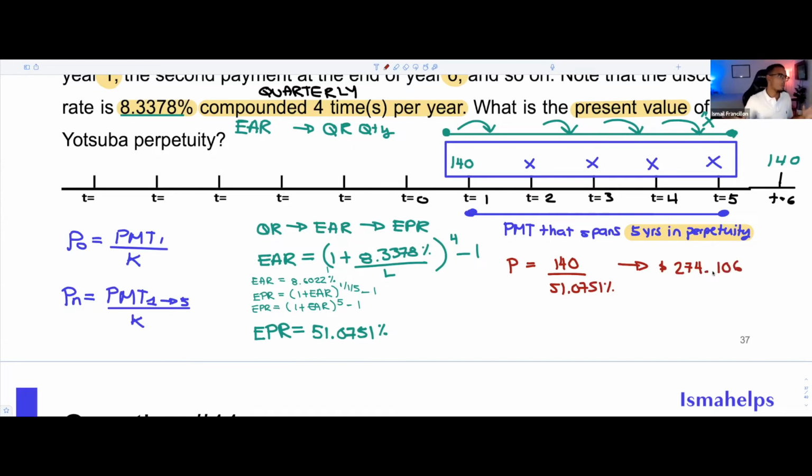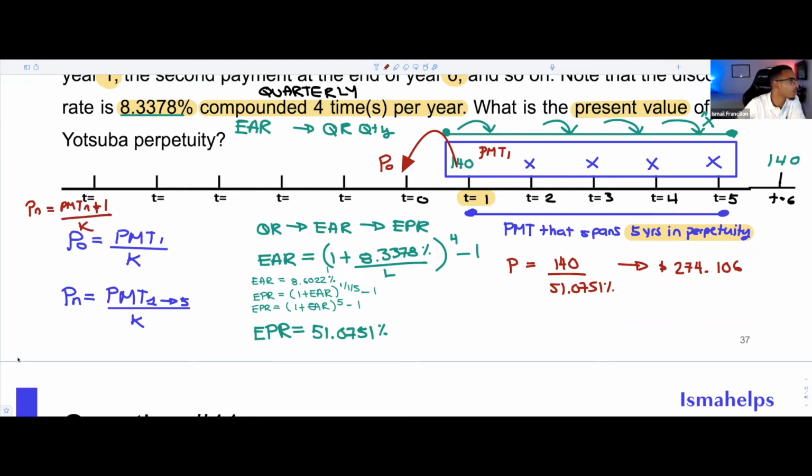Okay, so now there's just a small nuance to highlight here. We know that when we use a perpetuity, if we simply call it payment 1, our present value is always a period before, thus the formula P_n is equal to payment n plus 1 over k.